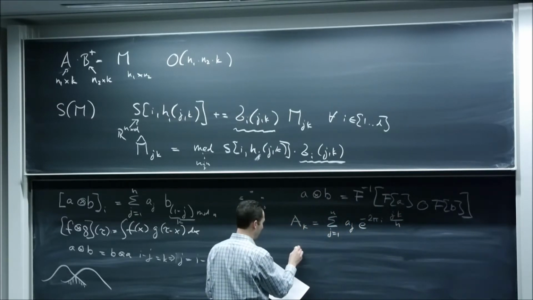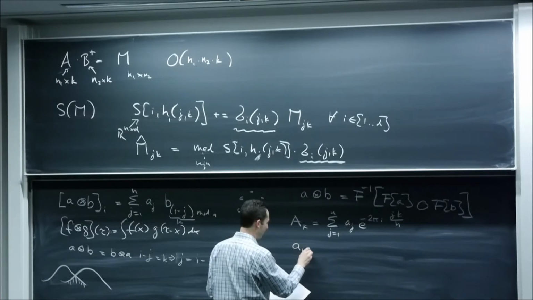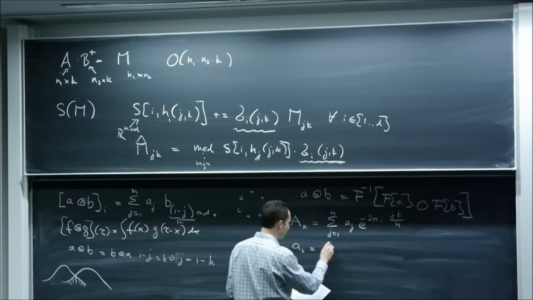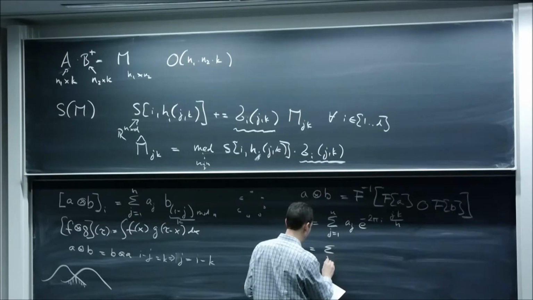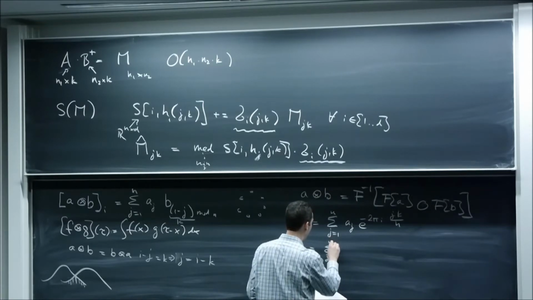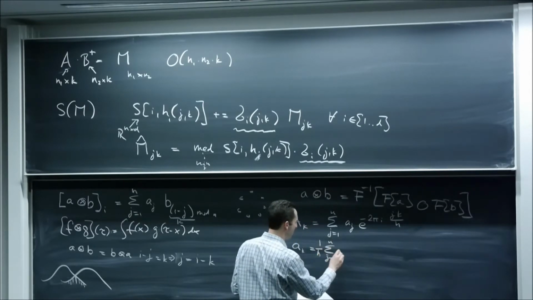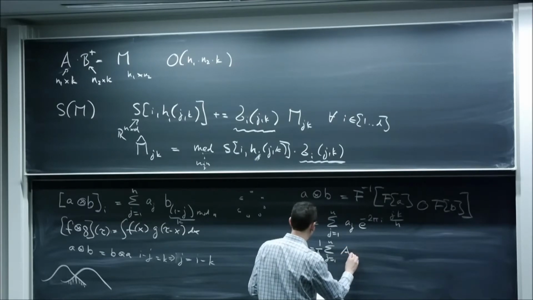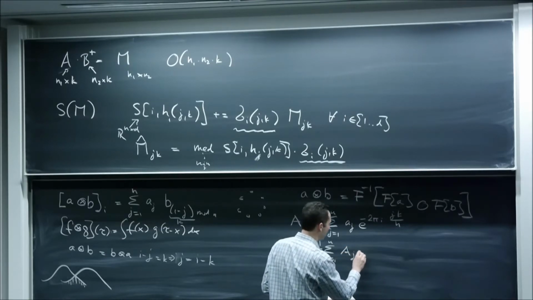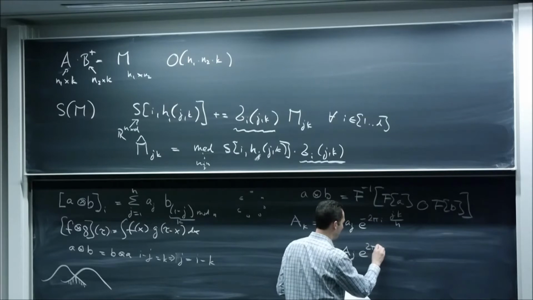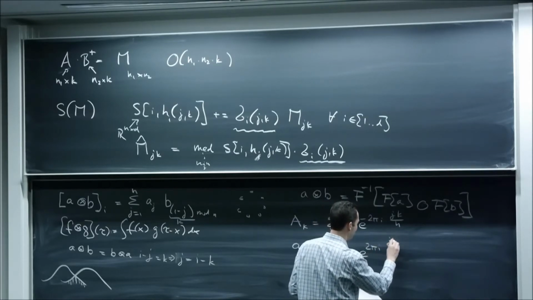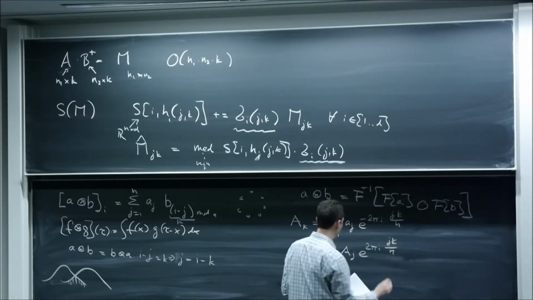And furthermore, the inverse transform is the sum over j equals 1 to n, 1 over n, a_j e to the 2 pi i j k over n.